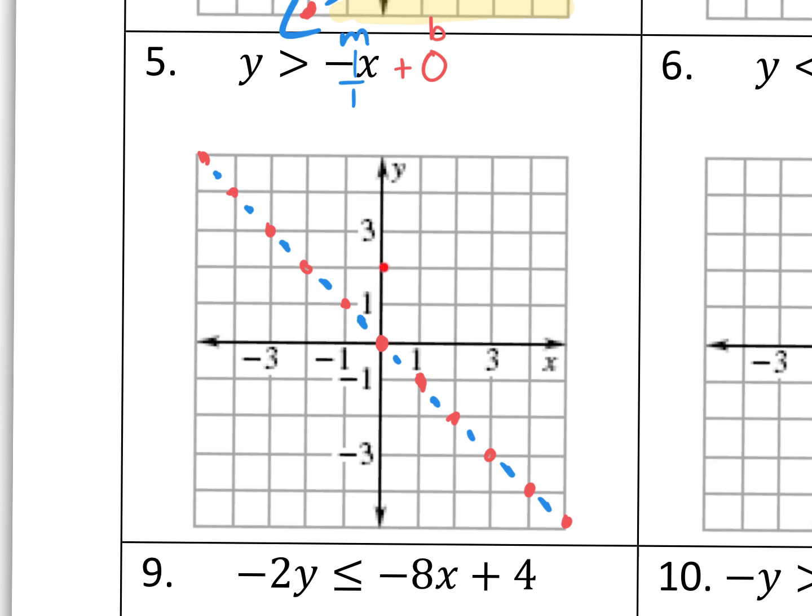This is at the y level of 2. And greater than 2 is going to be up here at 3, 4, 5. So you're going to be shading above, shading above, shading above. So we're going to shade everything that's above the line. Everything that's above this line, we're going to shade it. Just need to fill in this highlighted triangle. And then we're moving on to the next one.